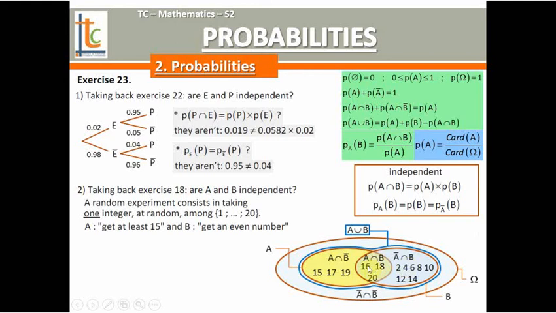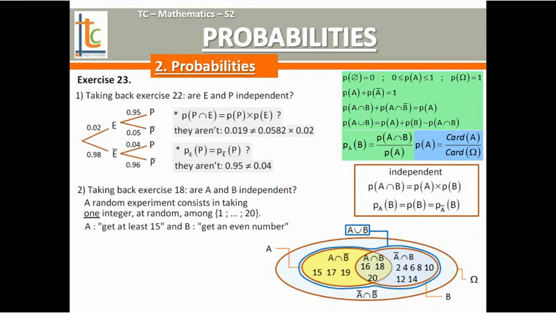So they are A inter B. The outside of A union B represents numbers that are not written here. The numbers that remain are 1, 3, 5, 7, 9, 11, and 13. Okay, that's A bar inter B bar or A union B with a big bar. So that's the photograph of our exercise.